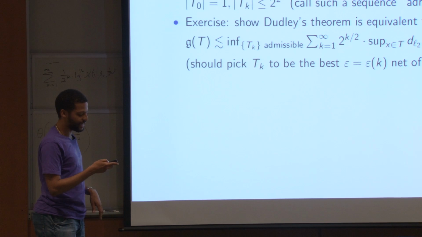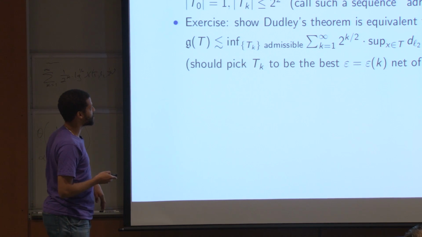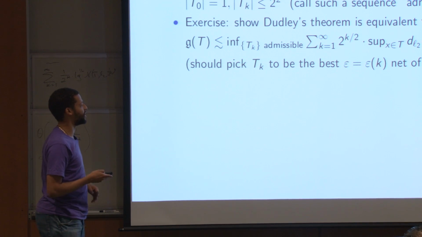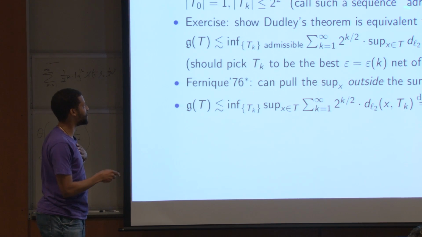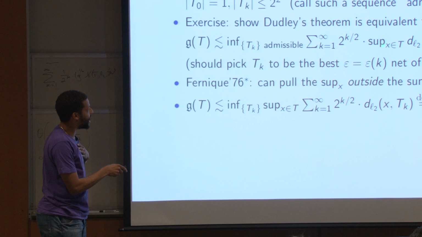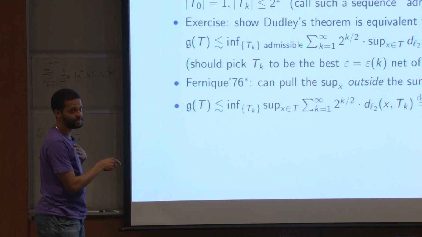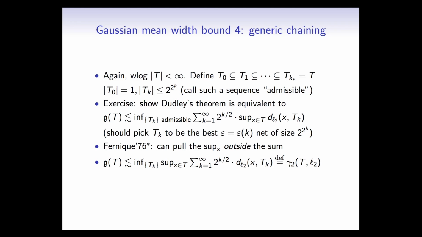Okay? And what doesn't follow from anything I've said is that actually what Fernique showed in the 70s is that this soup over x can actually be pulled outside the sum. And it's still true that the Gaussian mean width is at most this if you pull the soup outside the sum.